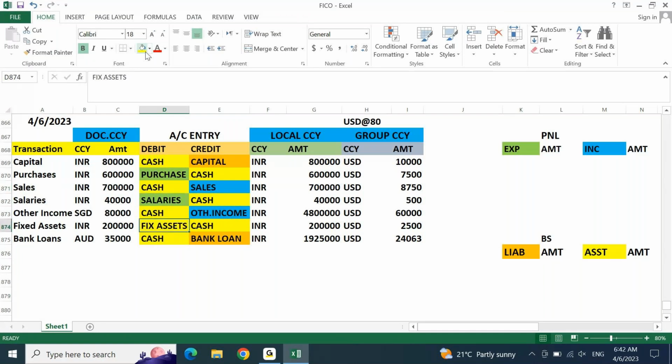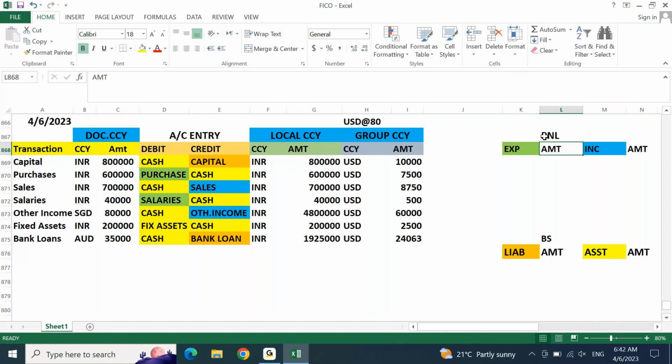Now from your accounting entry, all your transactions or all your accounts, are we able to map as expense, income, asset, liability? Yes. If you prepare the P&L, in which currency are we supposed to prepare it? Local currency, INR.